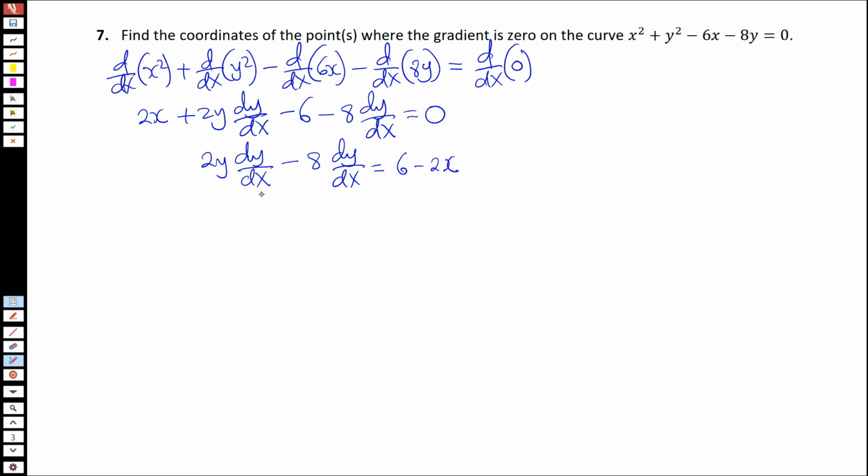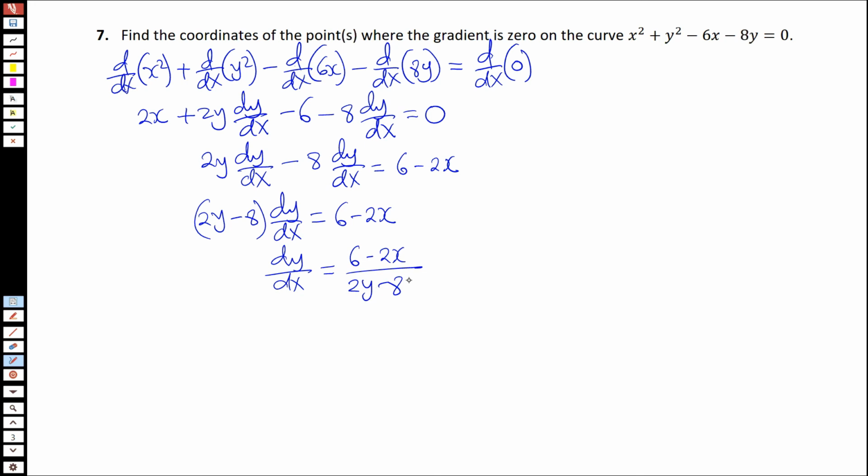And then you can factorize out 2y minus 8, which implies that dy over dx will be equal to 6 minus 2x over 2y minus 8.